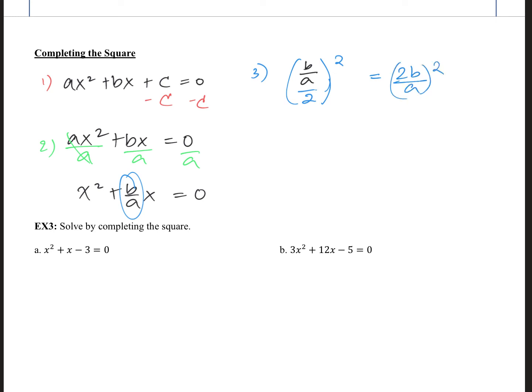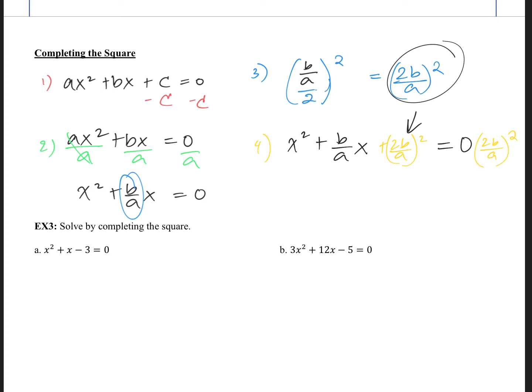And we'll add that into our problem. So we have x squared, and then we have the new number we created. And that number, whatever it looks like, we'll add that into our equation to both sides. And that will allow us to perfectly complete the square.